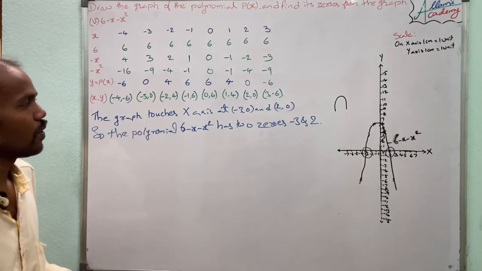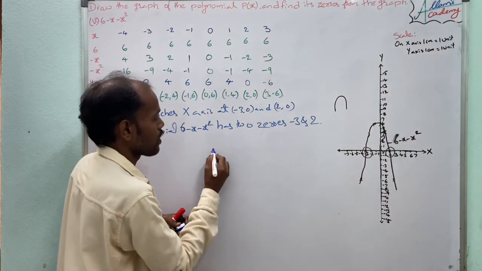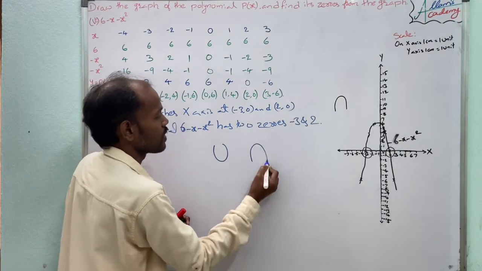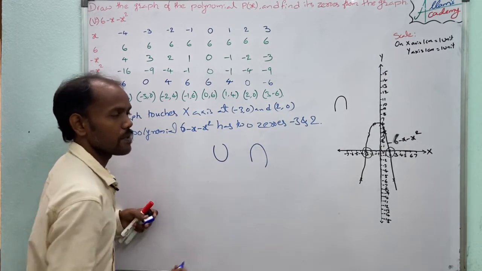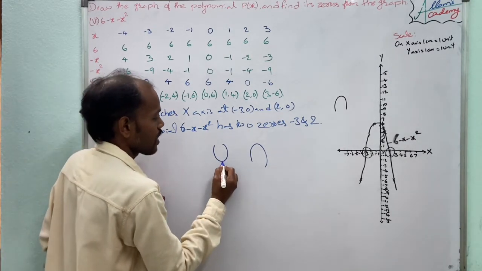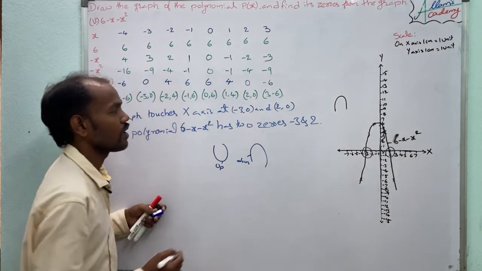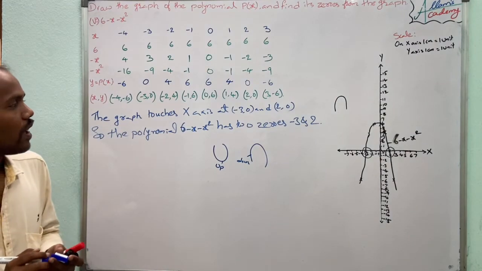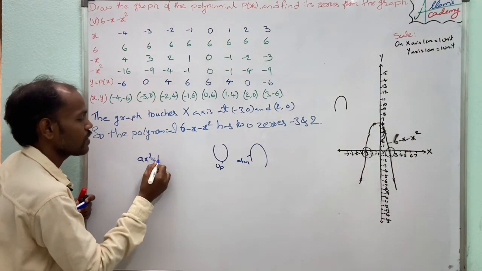Okay, so in all the problems before, the graph came in this model, now this model came. So the graph is of two types. Here it is called an upward parabola, this is a downward parabola. The general form of the quadratic polynomial is ax square plus bx plus c.